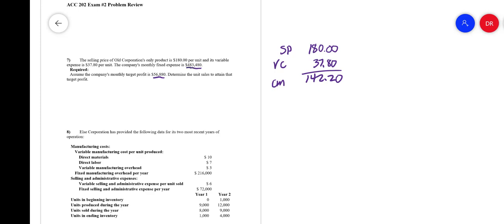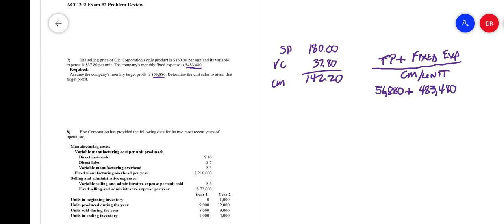So we're going to come over here. We're going to say target profit plus fixed expenses divided by contribution margin per unit. The target profit is 56,880. The fixed expense is 483,480.